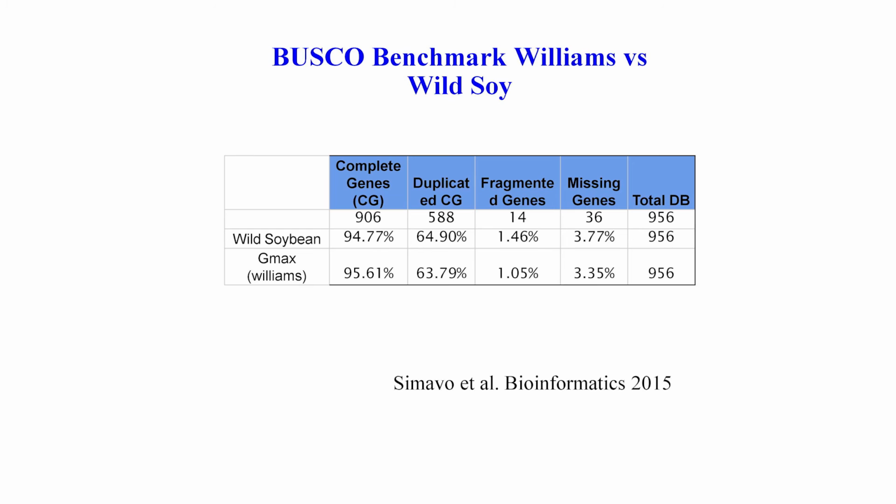They also verified the genome using the recently published BUSCO genes method. You can see the comparison between the available Williams 82 and the wild soybean using this BUSCO gene analysis, and we can see an excellent assembly on par with the available Williams 82 genome.